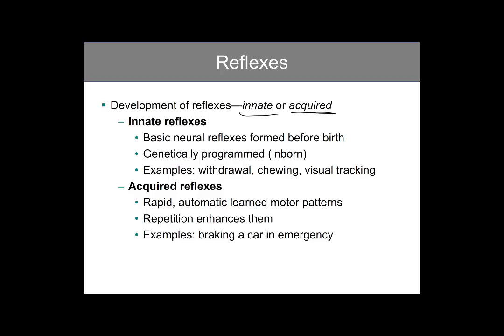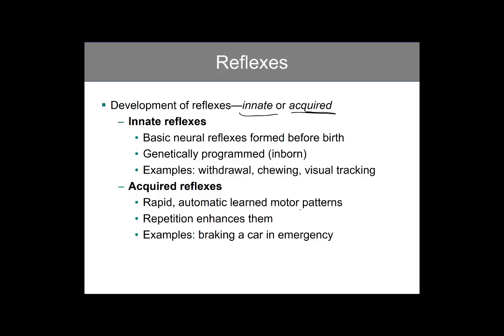Innate means you're born with them. So withdrawal, chewing, suckling, visual tracking, these are all things that are inborn, things that are innate, things that one is born with. Acquired reflexes occur, we learn them through repetition. So these are rapid, automatic, learned motor patterns, and repetition enhances them.